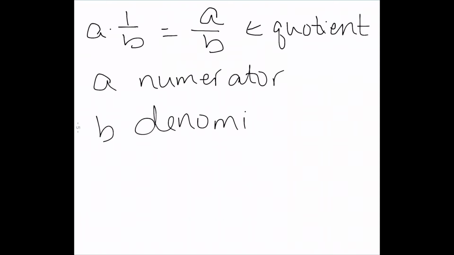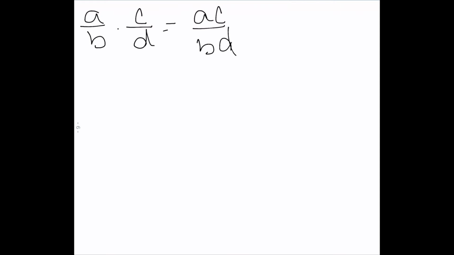So, let's look at a few other properties of multiplication and division. Our first property says that a over b times c over d is ac over bd. When I multiply fractions, I multiply the numerators and I multiply the denominators.